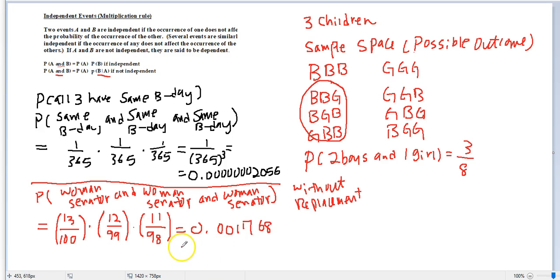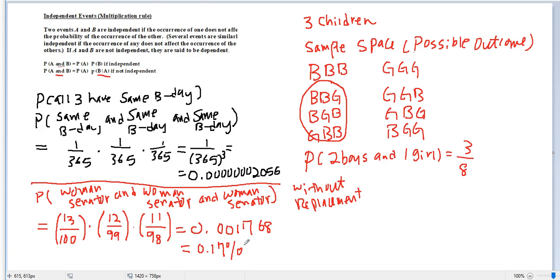So we're talking about maybe a 0.17% chance or probability that if you randomly pick senators and they're all women senators, it's less than a 1% chance there.